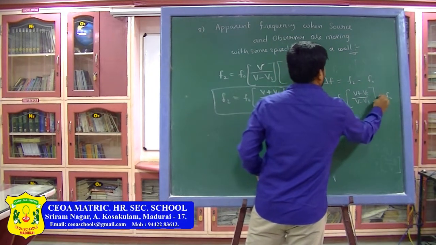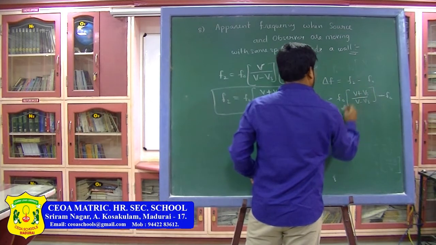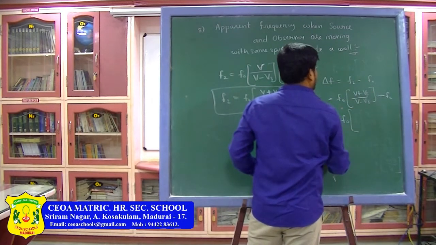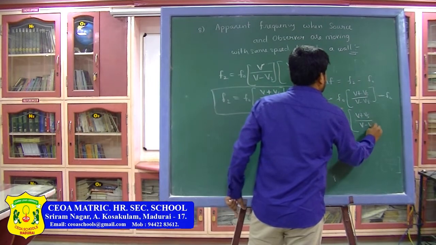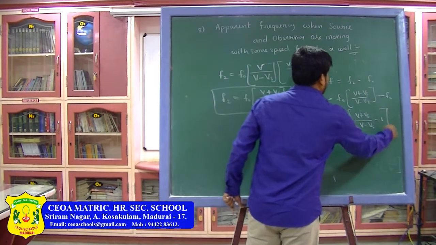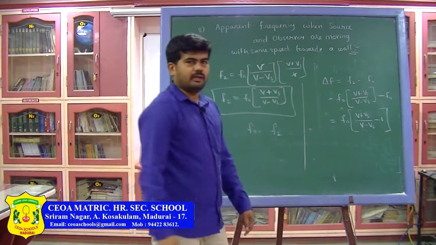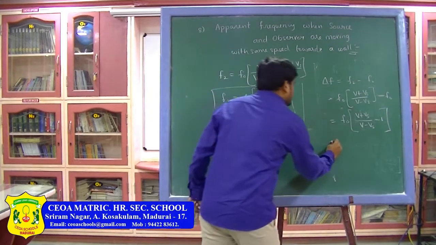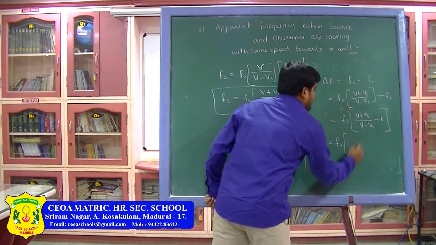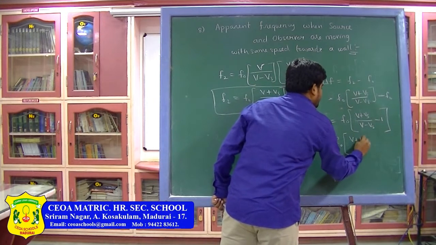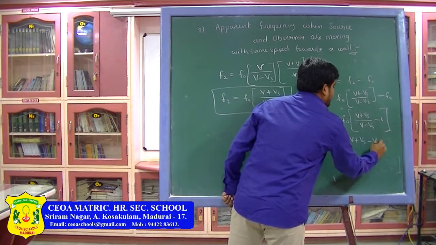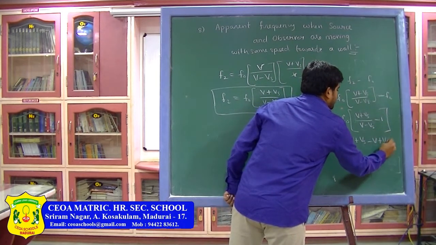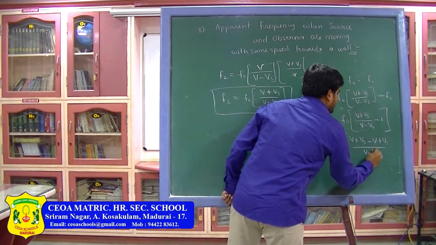Now, simplifying this, taking F naught common: F naught into ((V plus Vs) divided by (V minus Vs) minus 1). Simplifying this, we will get the required beat frequency. So, F naught into, cross multiplication, (V plus Vs minus V plus Vs) divided by (V minus Vs).